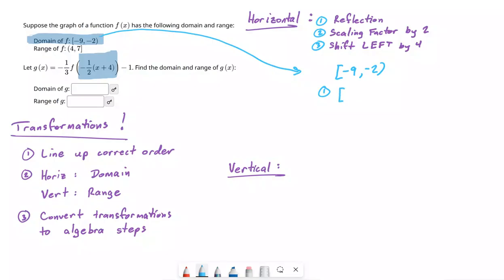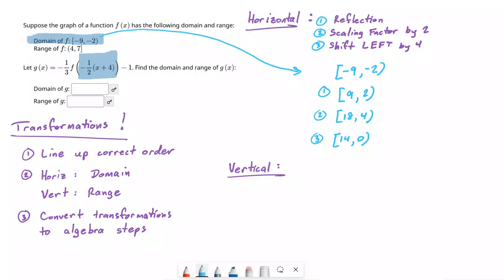So this is going to turn into +9, +2. I just multiplied by -1. Step 2 has me scaling everything by a factor of 2, so this will become 18, 4. And step 3 has me shifting everything over to the left, which means 18 becomes 14 and 4 becomes 0.